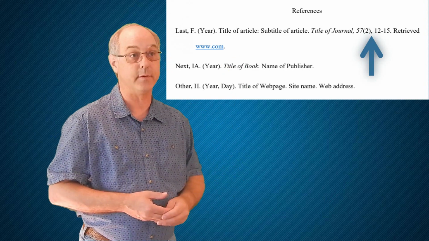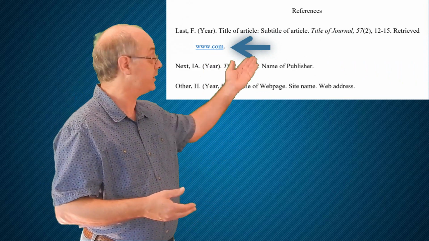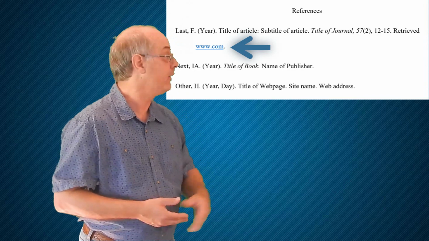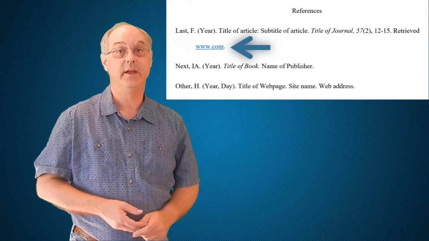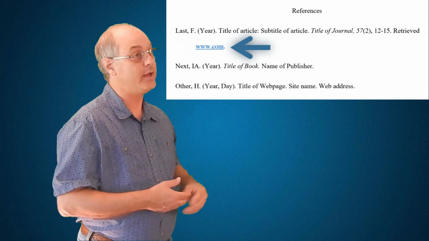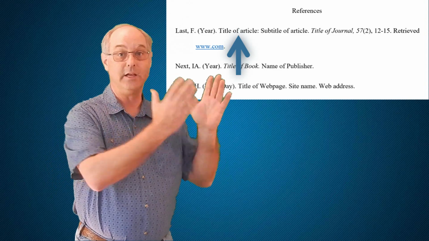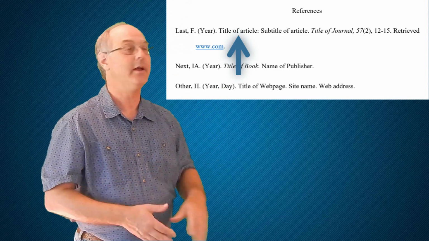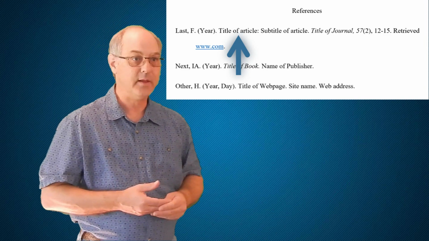And then if you got it from the web or from other online sources such as a library database, then you'd have the retrieval information at the end. This is all organized alphabetically by authors' last names. If there is no author, then you can use some substitute for the author. Sometimes that will be the title shifting to the first part, or it might be anonymous, or it might be something else. All right, so that takes care of the references list.